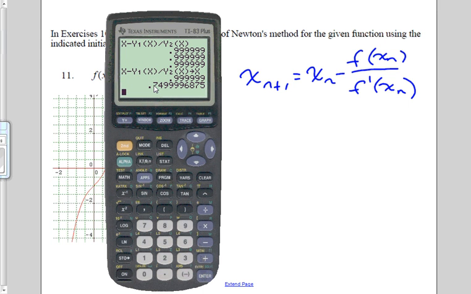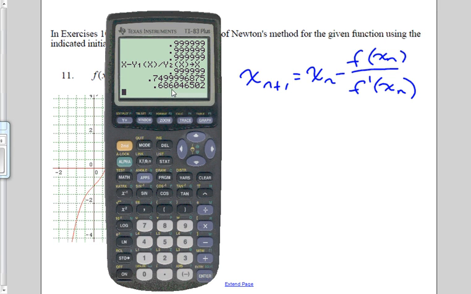And now it's approximating my 0 as 0.7499. If I press enter again, it puts this approximation in for x, and now I got 0.68. This is my third iteration, my third approximation for the 0.